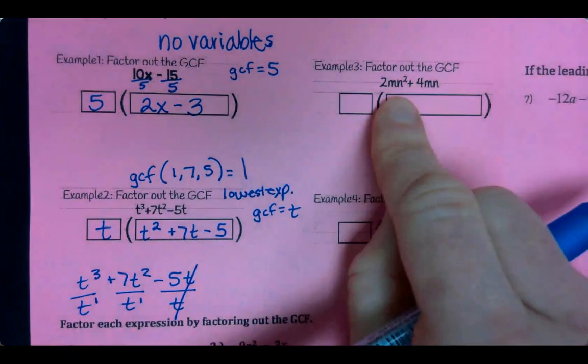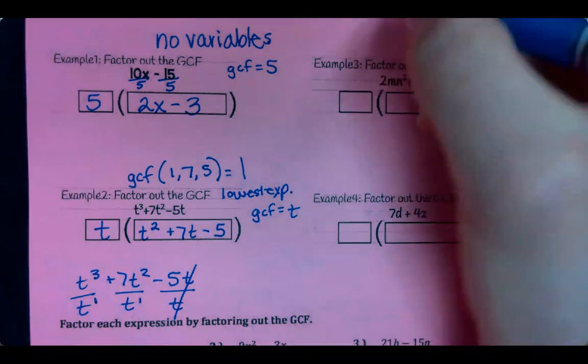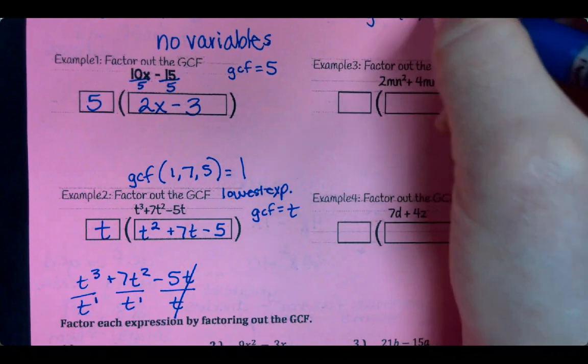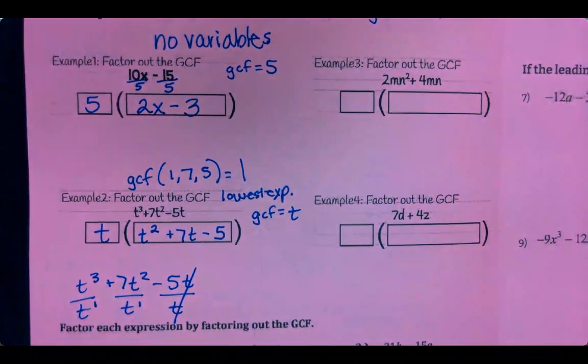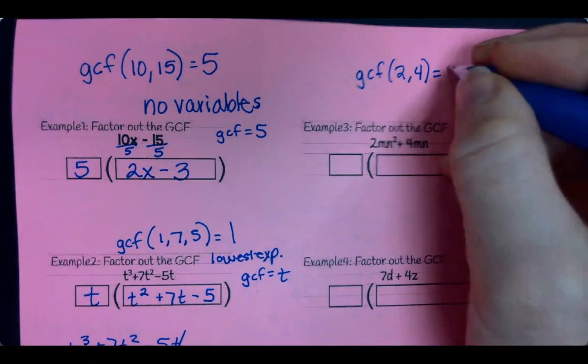All right, let's go up to this one. 2m squared plus 4mn. So we want to do the GCF of 2 and 4. So you look for what divides 2 and 4 evenly. Yes, 2.